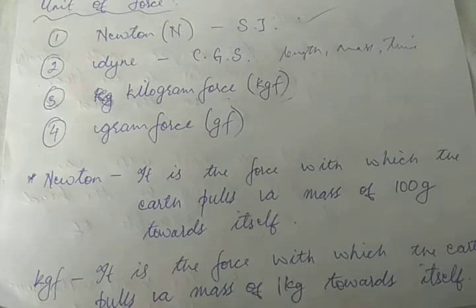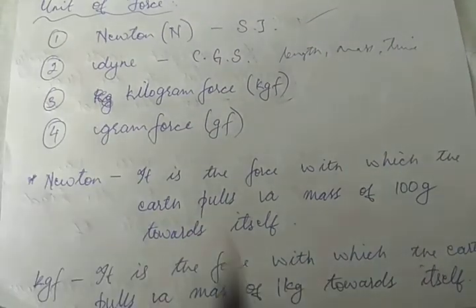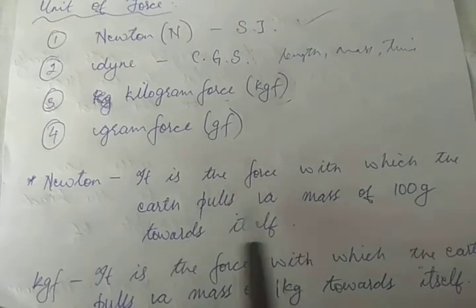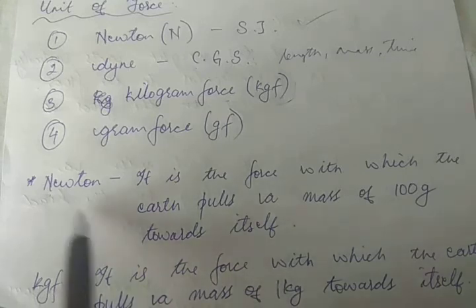So the force that you feel on your palm when you place a weight of 100 gram on your palm is a force of 1 Newton. It is the force with which the earth pulls a mass of 100 gram towards itself. When you let that 100 gram weight fall down, it bangs the floor with a certain force. So the force with which the earth pulls a mass of 100 gram is what is called Newton.